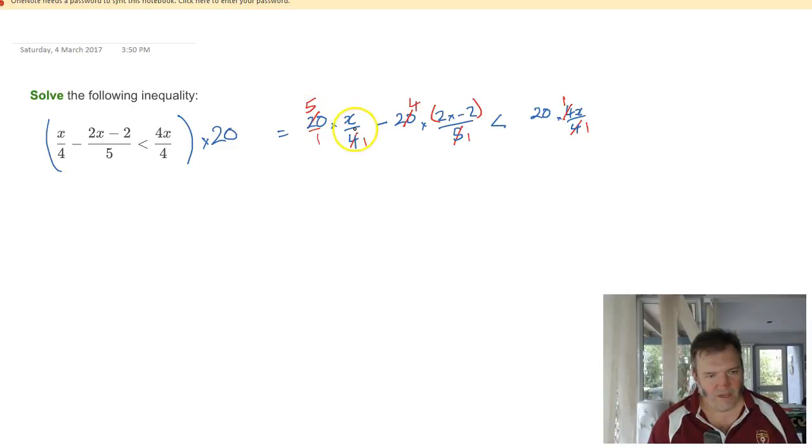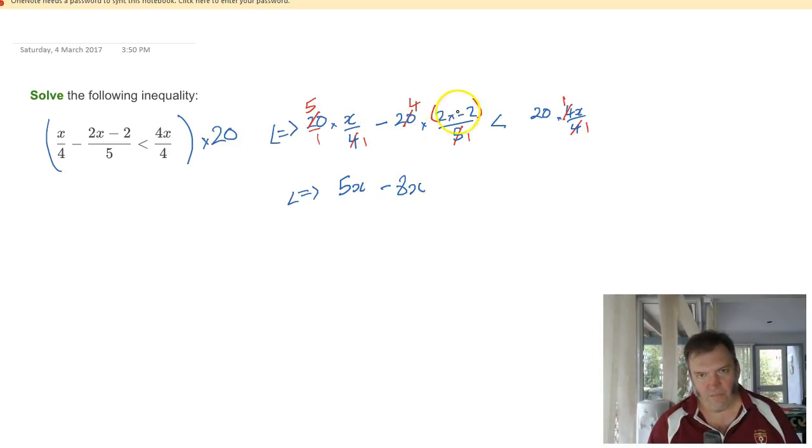So first, 20 by x over 4, the answer is just 5x. I should really have inequality signs rather than equals signs because we've got an inequality here, but don't worry too much about that. Now, negative 4 multiplied by 2x becomes negative 8x.